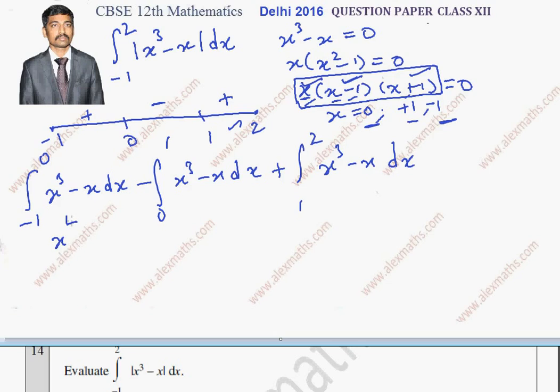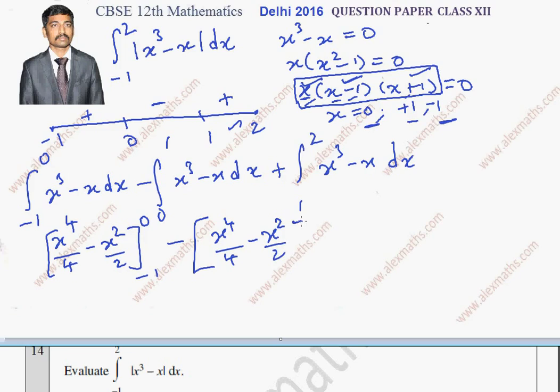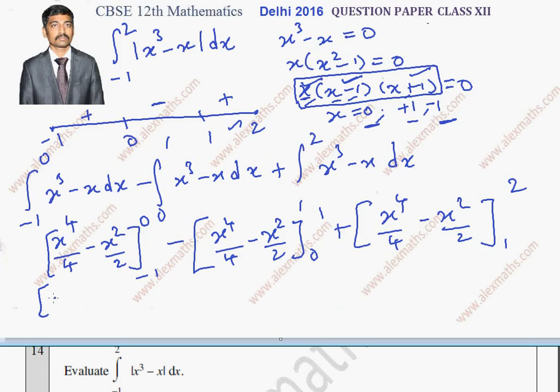So this is x power 4 by 4 minus x square by 2, the limit is from minus 1 to 0, minus of, again the same thing, but the limits are different. The third is also x power 4 by 4 minus x square by 2 from 1 to 2. Now if you put the upper limit, it is going to be 0.